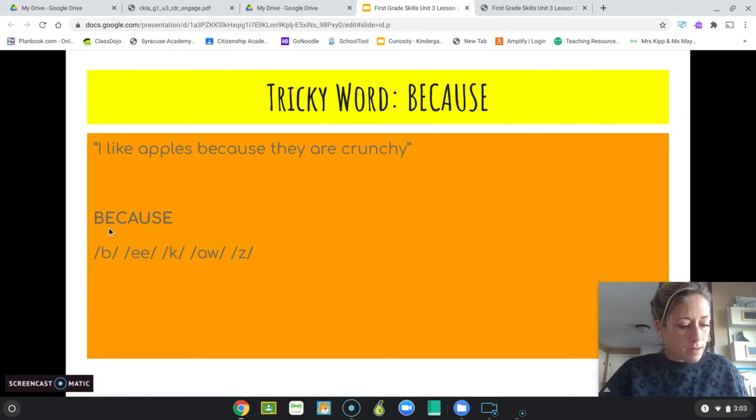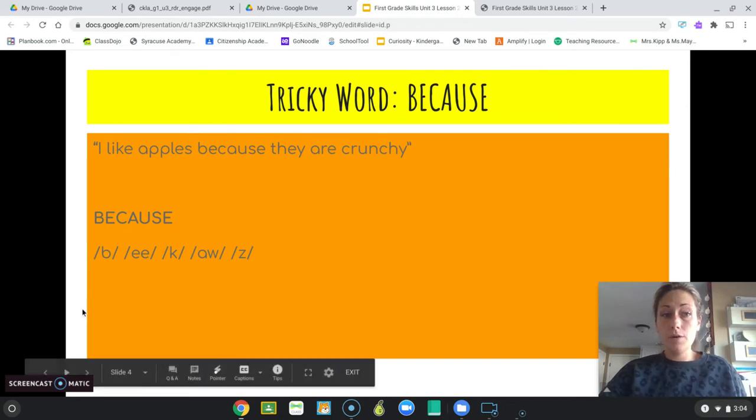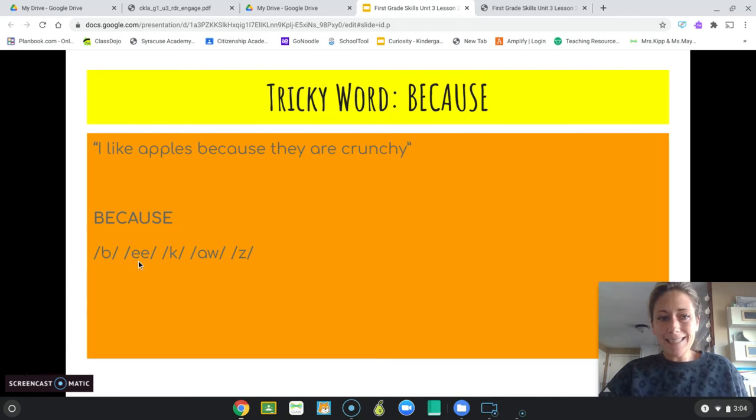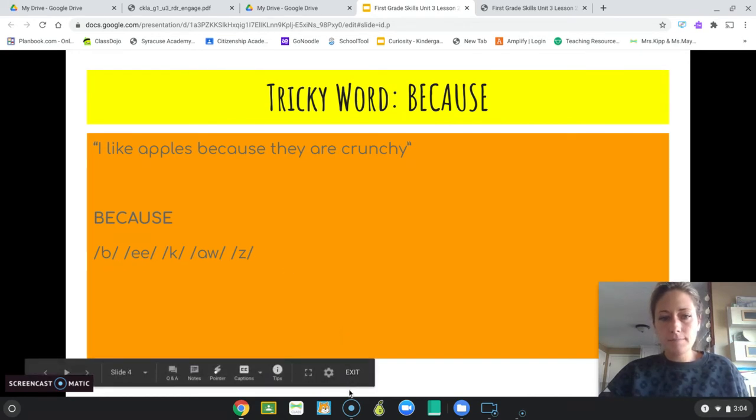So the tricky parts are the E sound like E, like when we have 2 E's next to each other, and the AU sounds like aw, and the SE sounds like z. So when we sound out the tricky word because, we just have to remember that it sounds like b, e, k, ah, z, because.